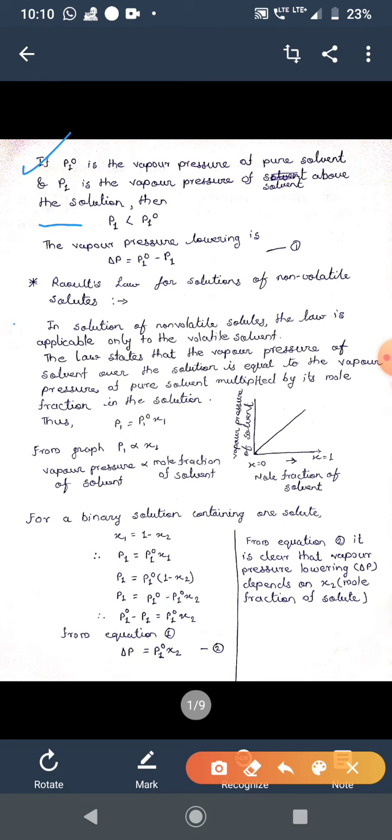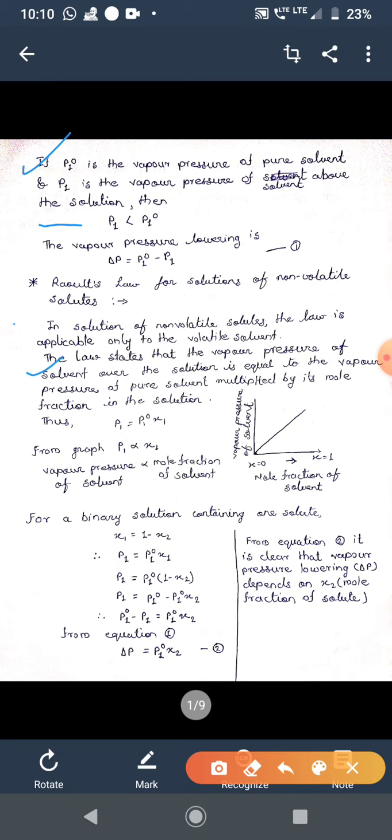The law states that the vapor pressure of a solvent over the solution is equal to the vapor pressure of pure solvent multiplied by its mole fraction in the solution.